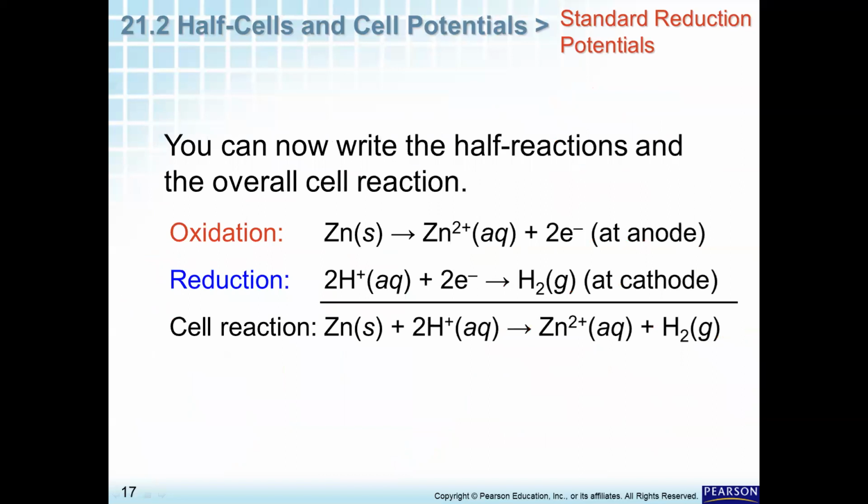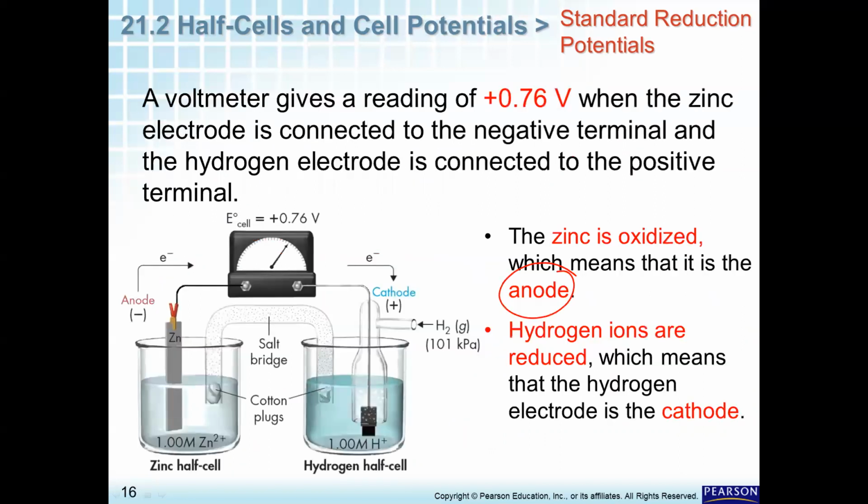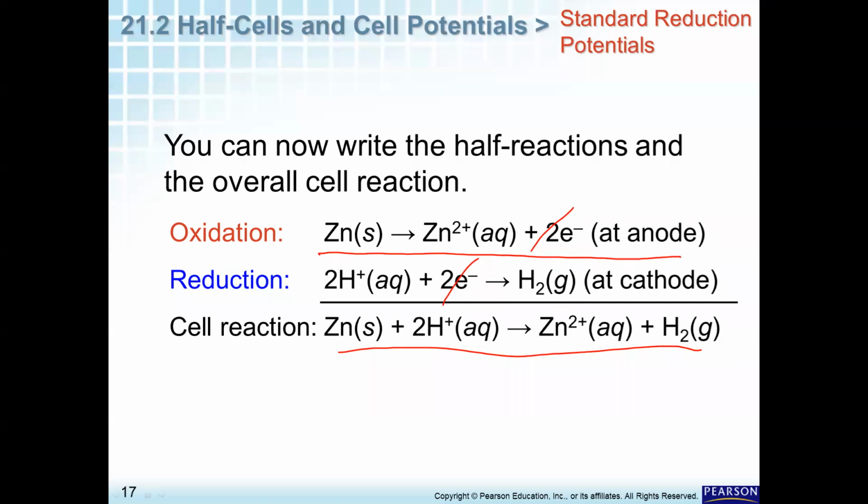Now, when you add the two half reactions, this is what happened at the anode, this is what happened at the cathode. You add them together, you cancel the electrons, then you get what we call the cell reaction. The cell reaction comes from adding both reactions, the oxidation and the reduction. This is the cell reaction that we're talking about.